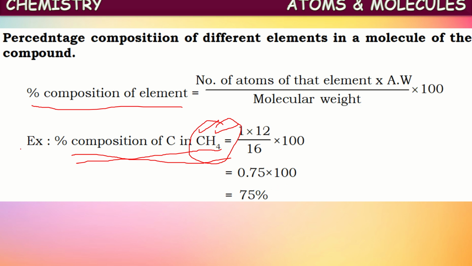So what is the percentage composition of hydrogen within CH4? 25%. The remaining percentage is 75, that is nothing but carbon. In that way, we find out the percentage composition of each and every element within a molecule.